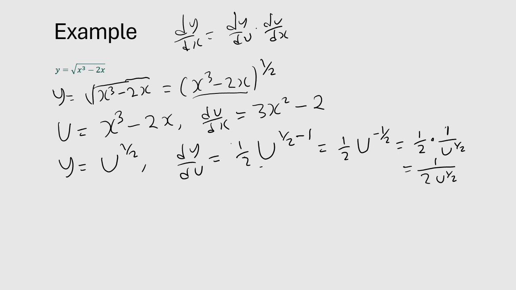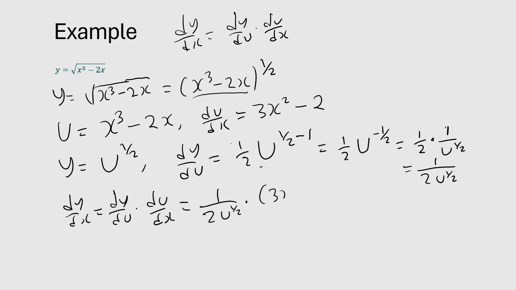So now I can just use my formula. dy over dx is equal to dy over du times du over dx. dy over du is 1 over 2 u power half times du over dx, which is 3x squared minus 1.